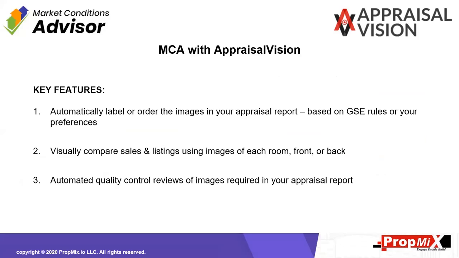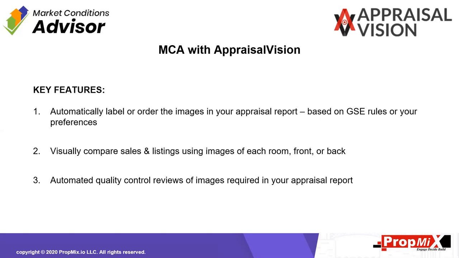So some of the key features that Appraisal Vision offers is the ability to automatically label the images as they're passing through into your appraisal report. So we'll identify those labels as I just showed you, and then it also gives you the ability to compare the images for the listing itself, or any one of the comps, or the subject property.